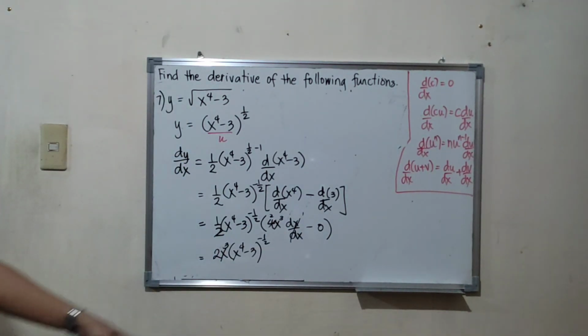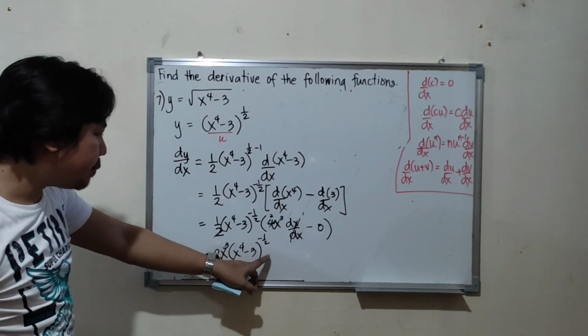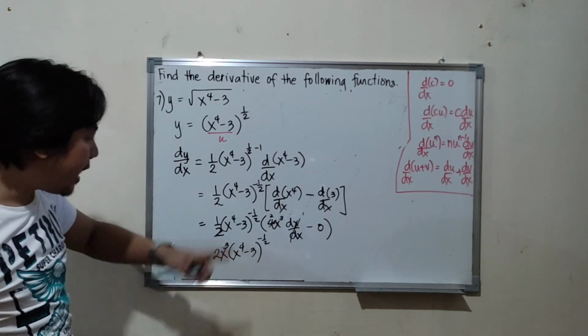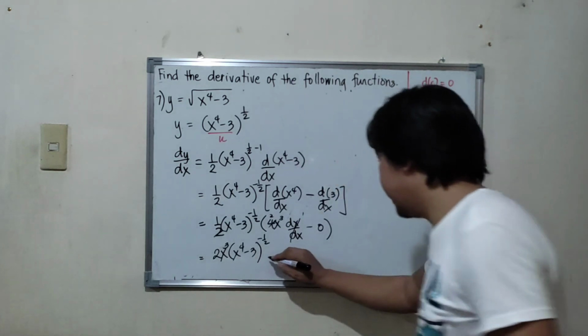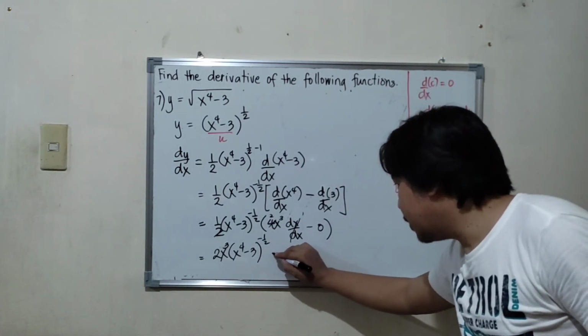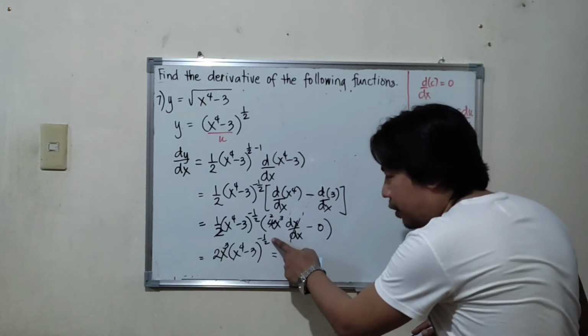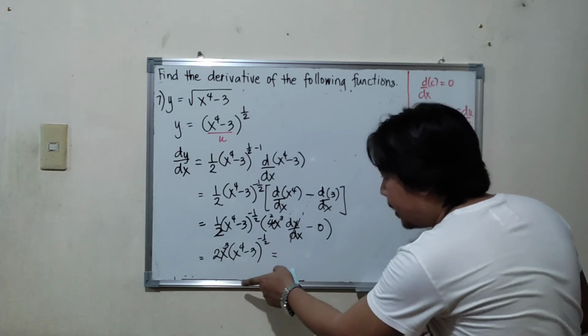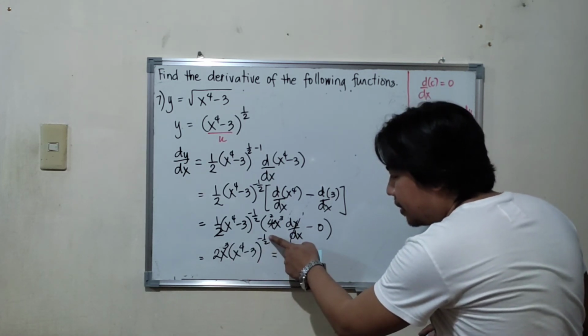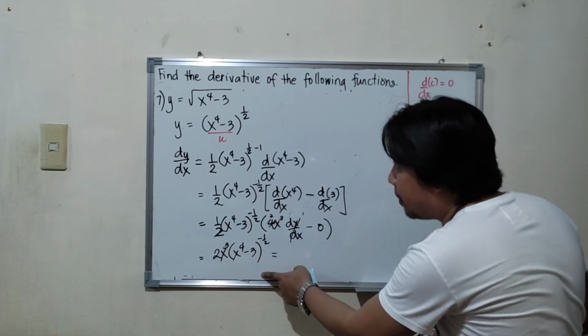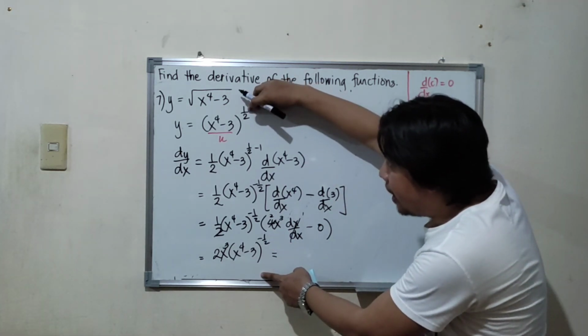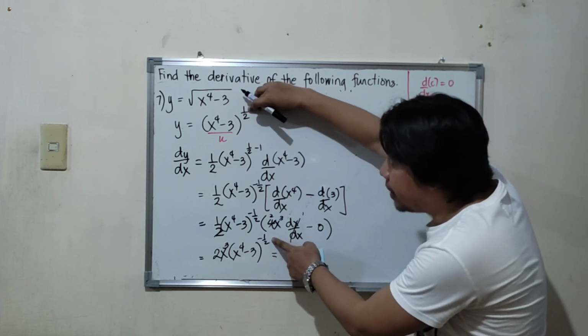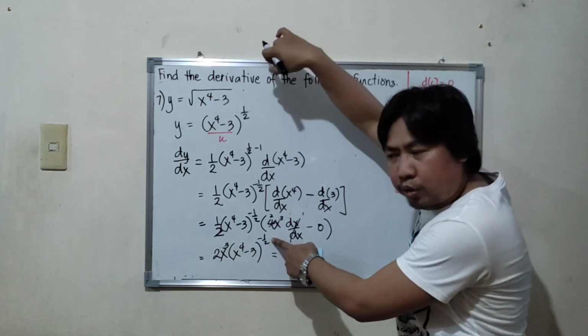Okay? So now, we have negative exponent. So pwede natin ibaba yung negative exponent. Okay? So this is equal to negative exponent. Ibaba natin. And then, so magiging positive na siya sa denominator, and then ibalik natin ang x raised to 1 half, that is equivalent to square root.